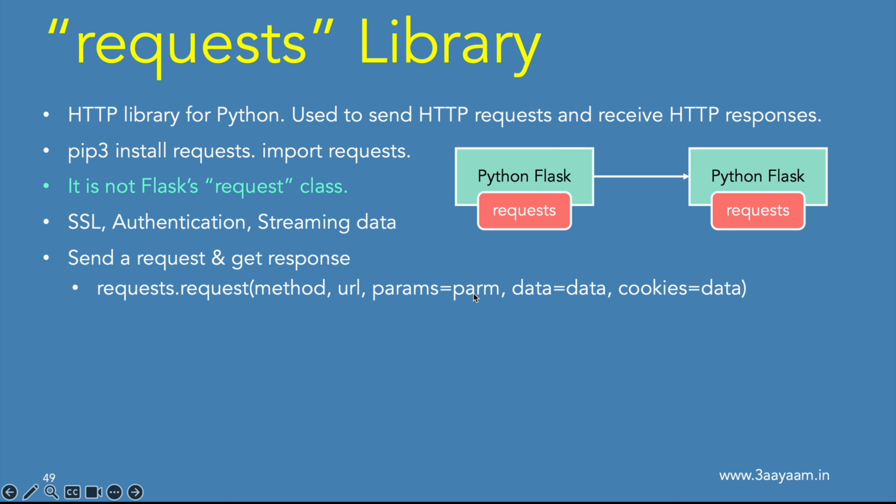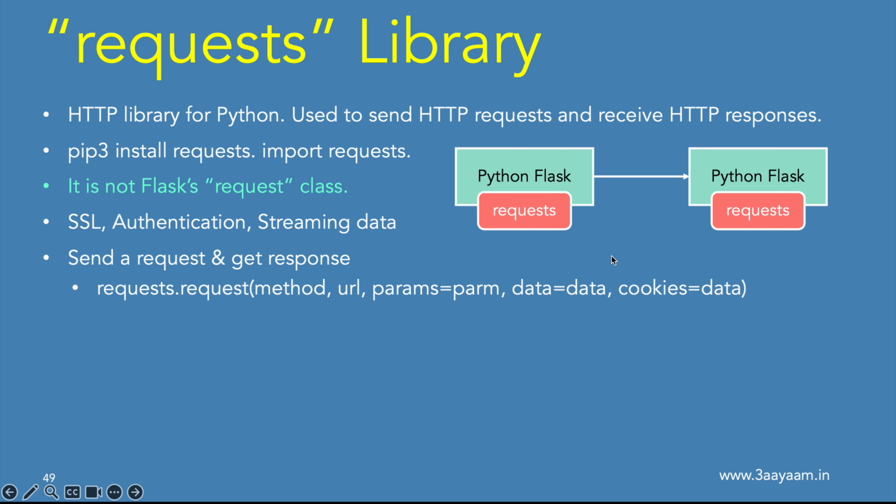What I will do is use a variable like parm and put those parameters and their corresponding values in this parm dictionary, and then I'll send it using the params keyword. Now here params is a keyword and parm is a variable. It could have been ABCD also. Data is a keyword which is used to send data, like you use the body in Postman to send data.